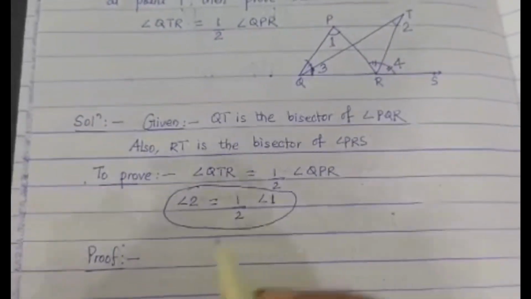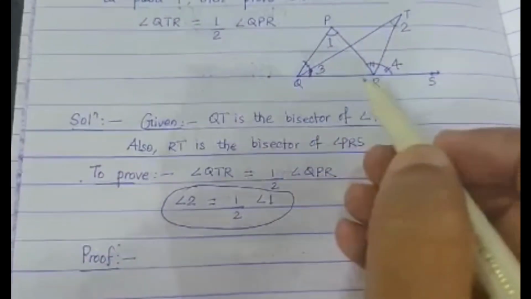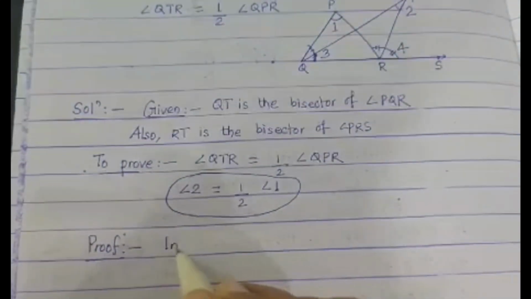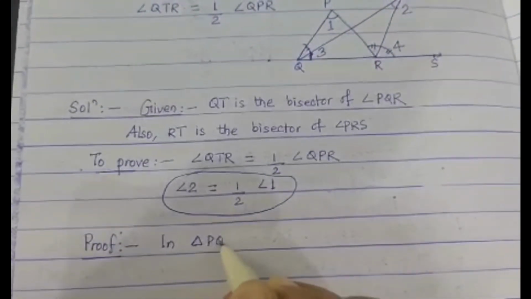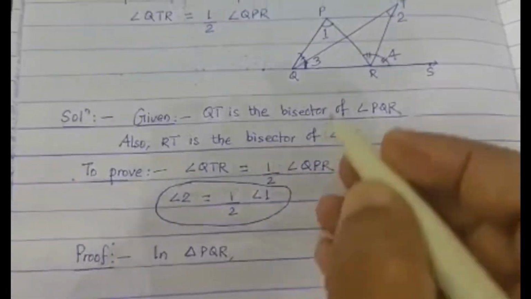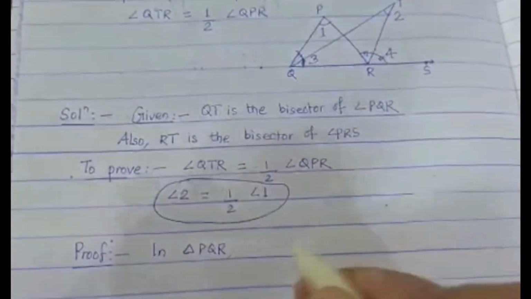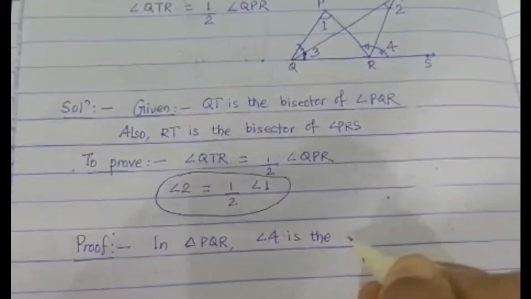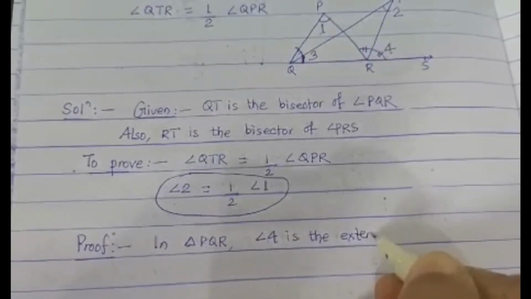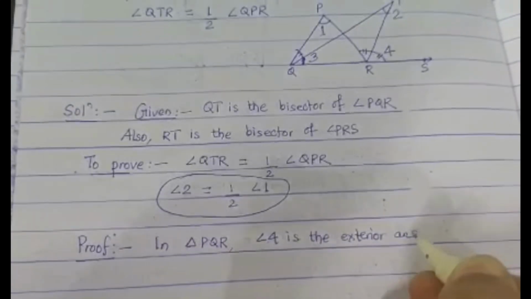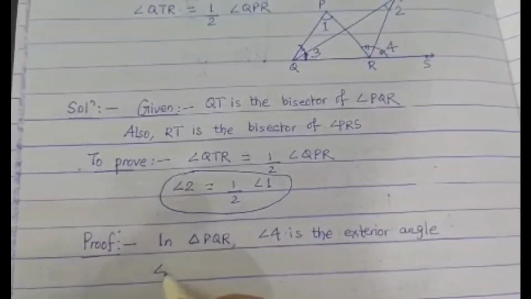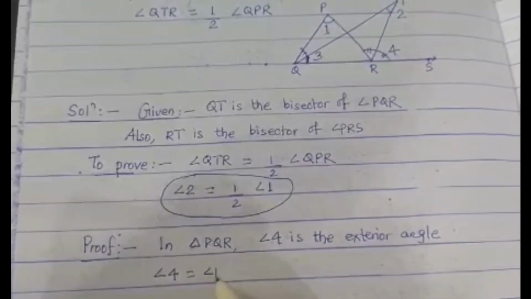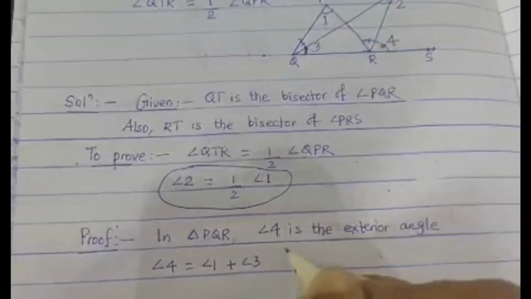In triangle PQR, this angle 4 is the exterior angle. So we will write angle 4 equal to angle 1 plus angle 3.